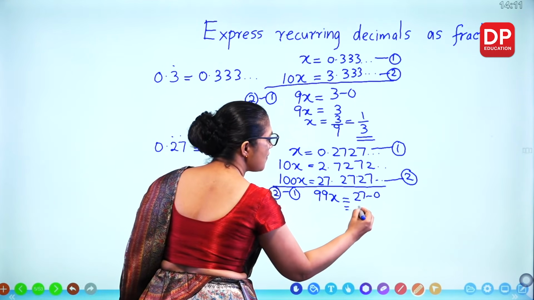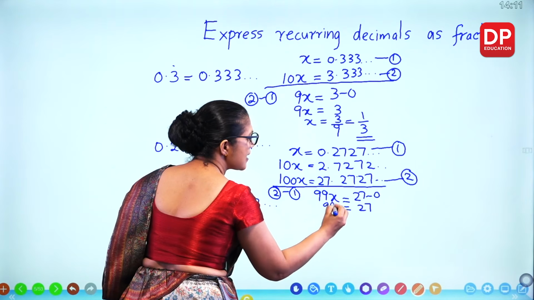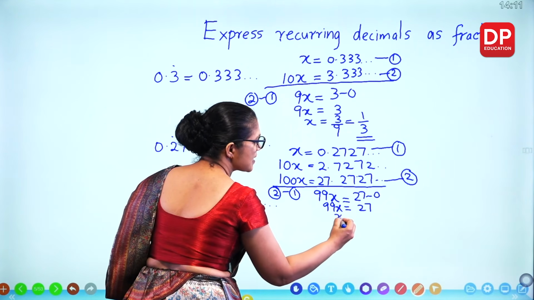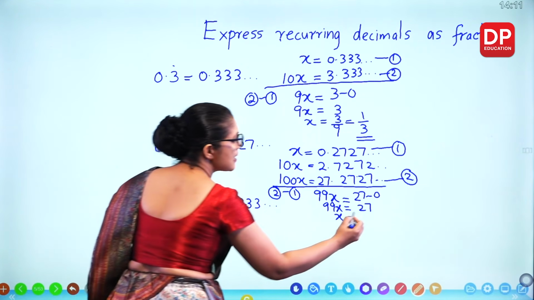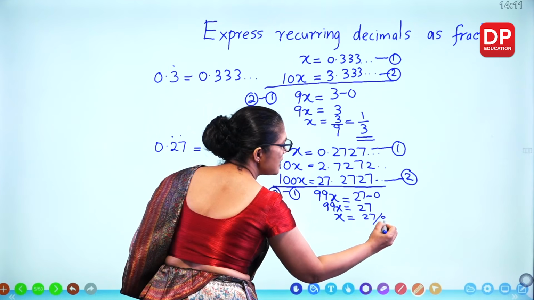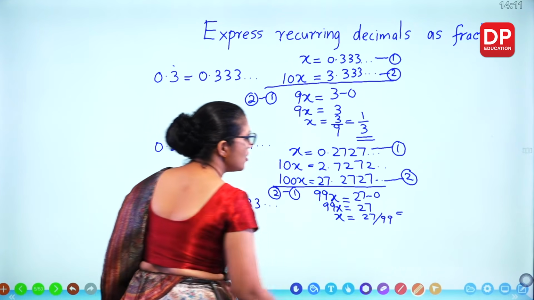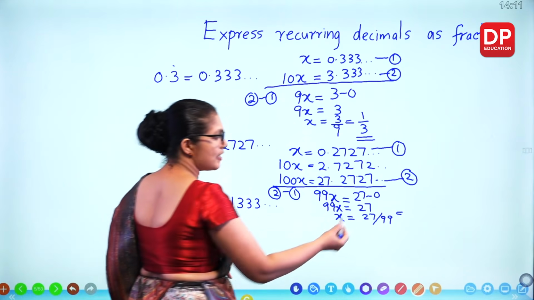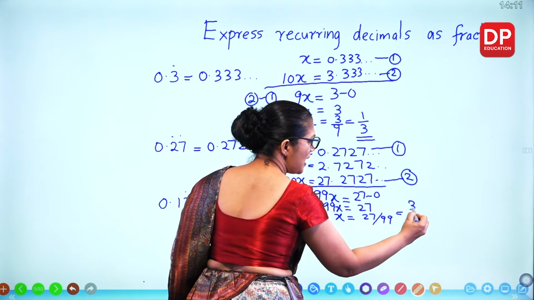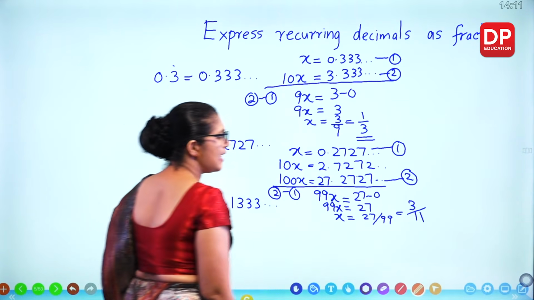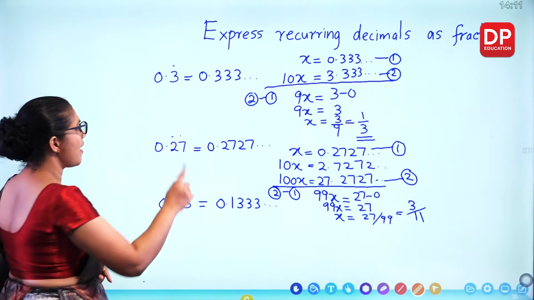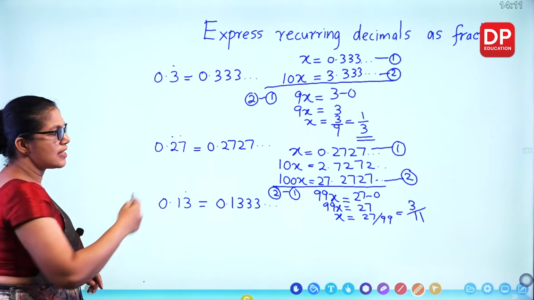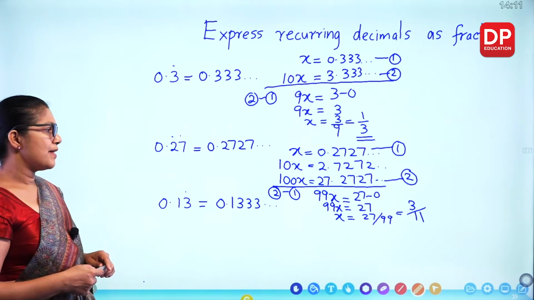You get 27. 99x is 27. So what is x? X equals 27 over 99. Or you can simplify further, divide by 3 or divide by 9. 9 times 3, 9 times 11. So here we can write this recurring digit as 3 over 11.